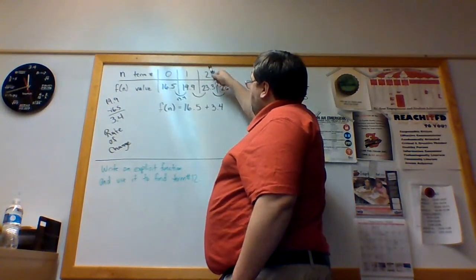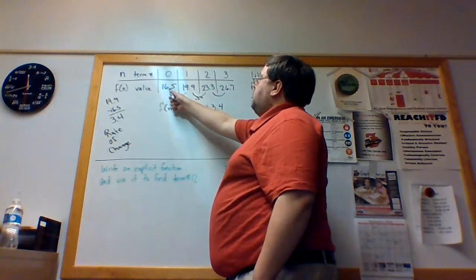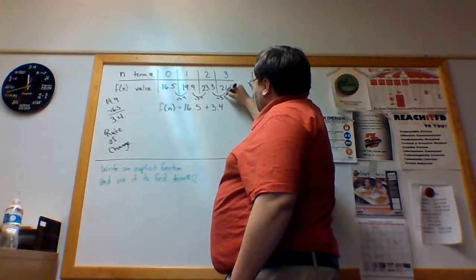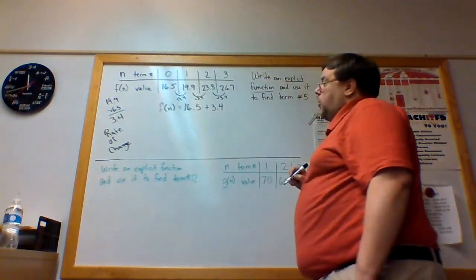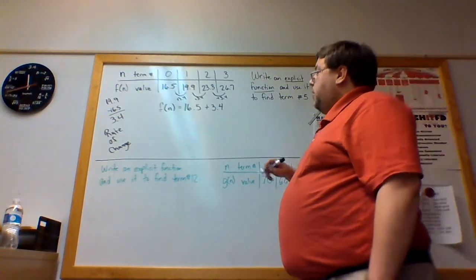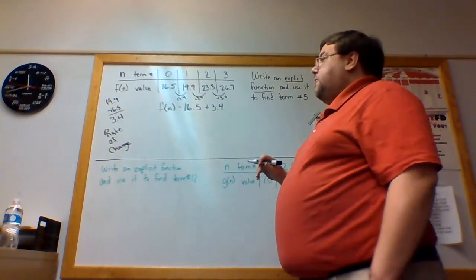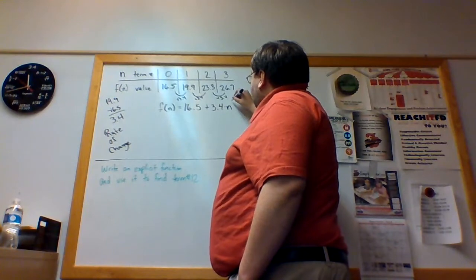Term number 2 I get when I add 3.4 on twice, starting from the 16.5. Or the third term would add 3.4 on 3 times by the time I get to that point. So to show that I'm going to add 3.4 on over and over again, n number of times, I'm going to put times n here behind this.